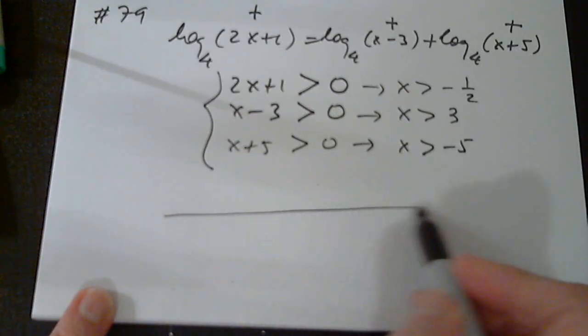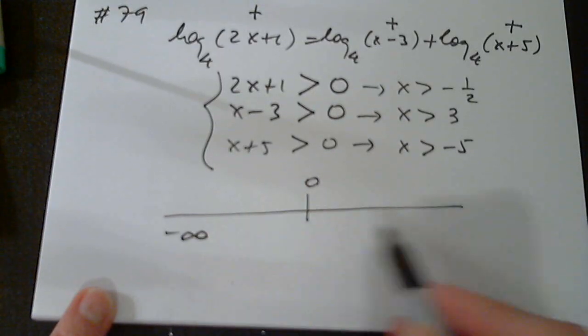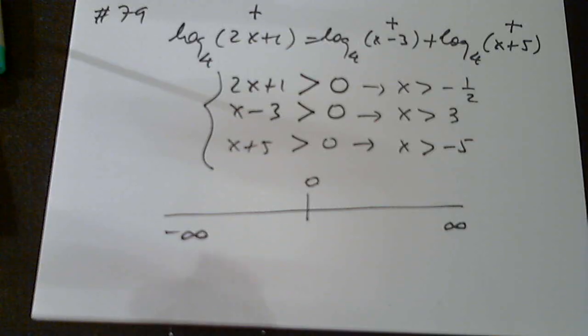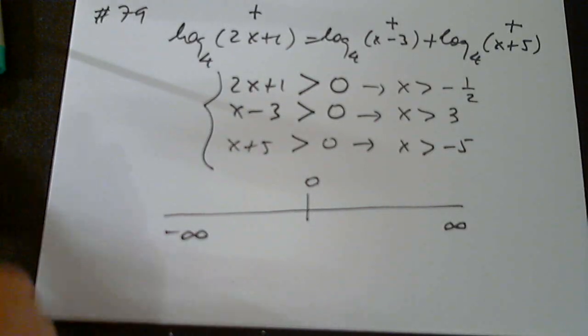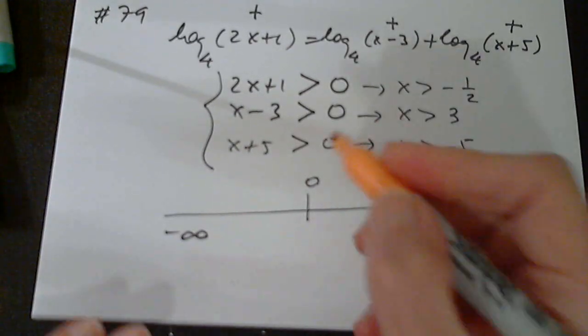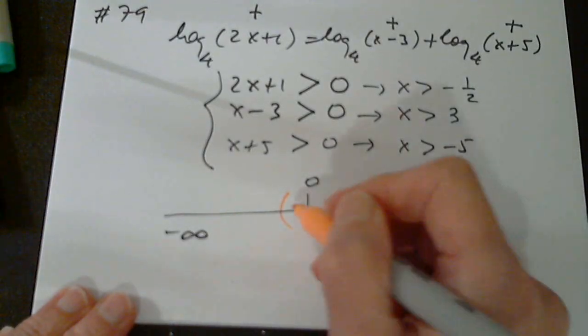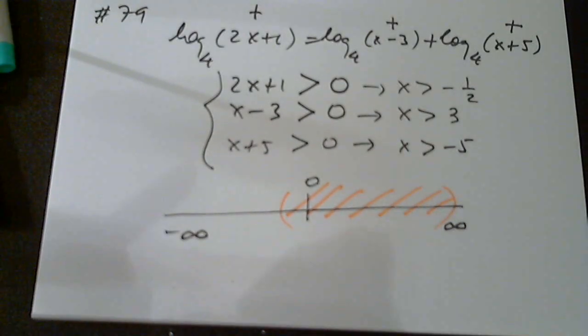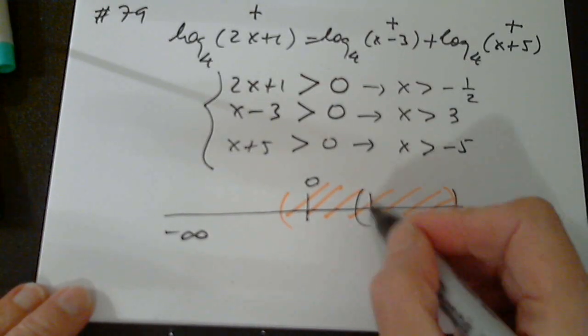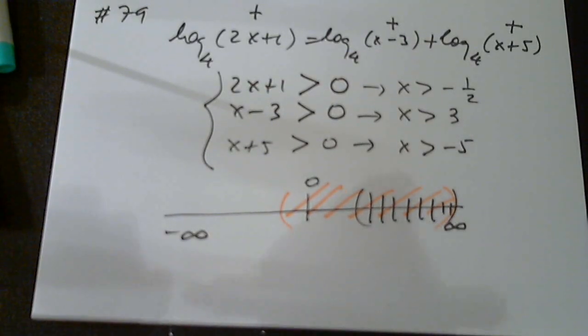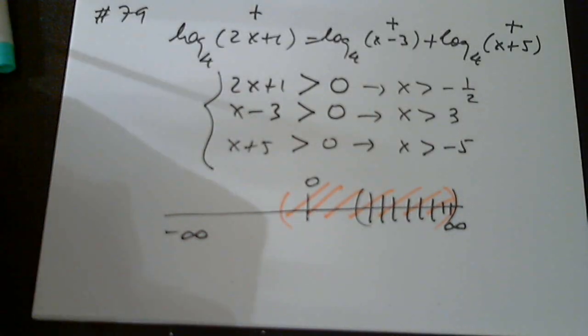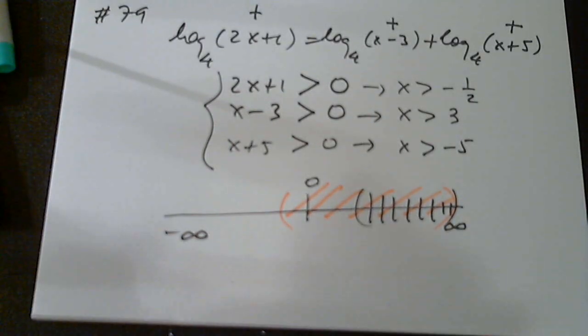So if you put them on the real line or number line, very easy to find the common territory. So I have greater than negative 1/2. Then I have greater than 3. And then I have greater than negative 5.